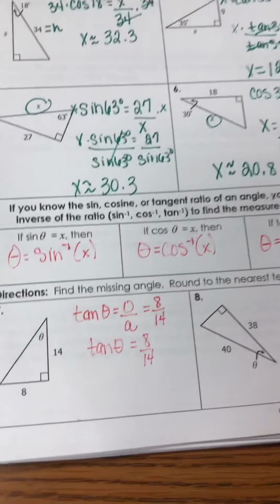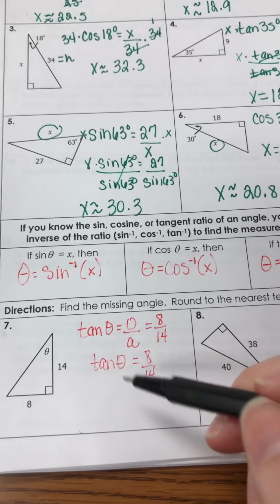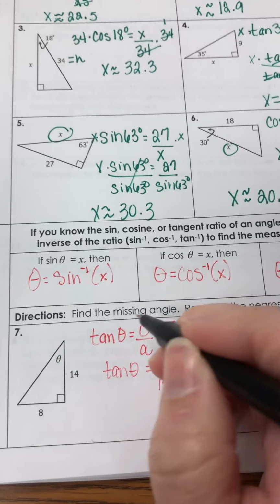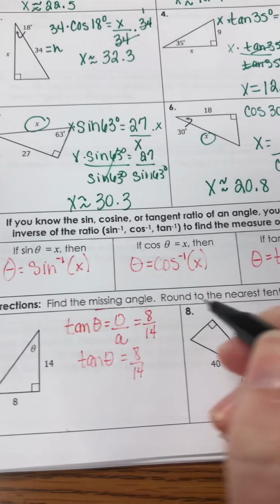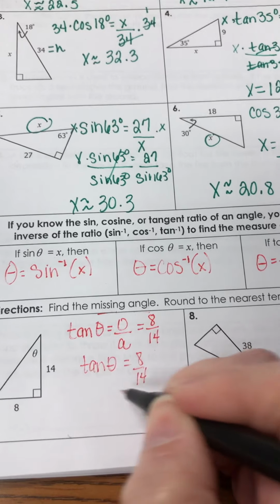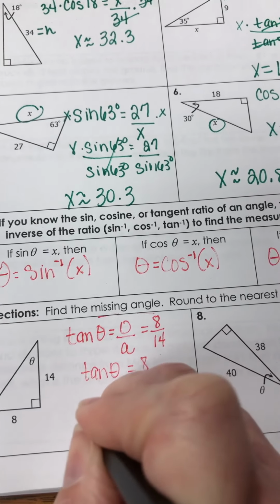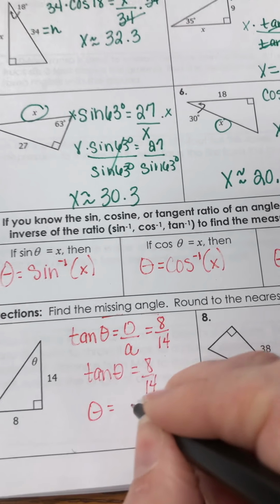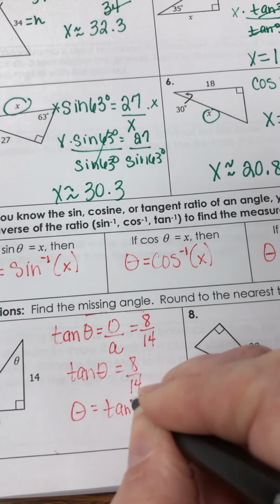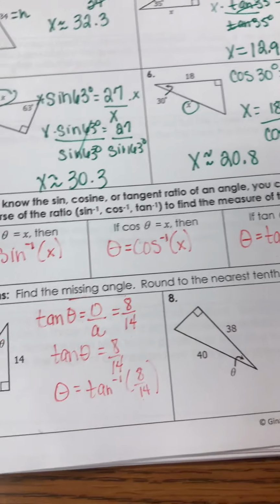That's all well and good, but the problem's not asking me for tangent. The problem is asking me to find the missing angle, and we're going to round to the nearest tenth again. So to go from the tangent back to the angle, I'm going to find the inverse of my tangent, which is 8/14.